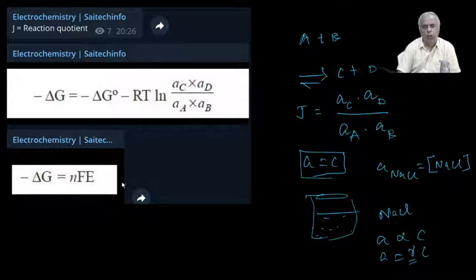Here, according to electrochemistry, the driving force for this chemical energy is obtained from the electrical force.